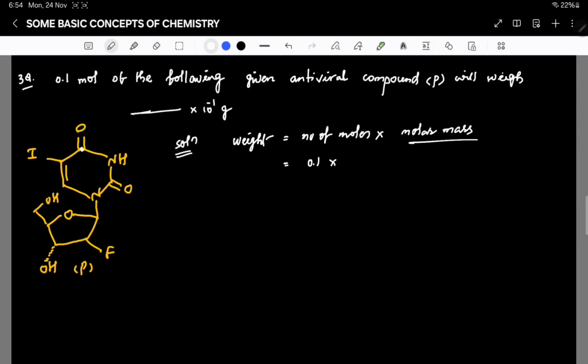So now here, student, 1 carbon, 2, 3, 4, 5, 6, 7, 8, 9. So 9 carbon atoms we have, student. 12 into 9, plus the number of nitrogen, 1, 2.